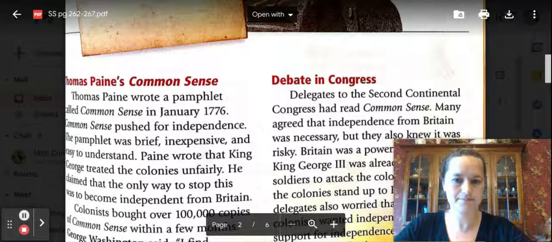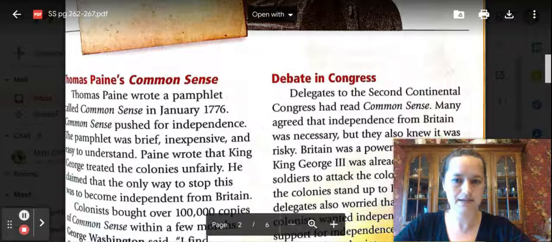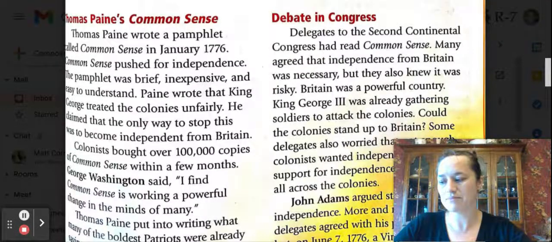So Common Sense showed how the king had been treating the colonists unfairly to discuss separation from England. I would pause and write that down. Common Sense showed how the king had been treating the colonies unfairly to discuss the separation from England.